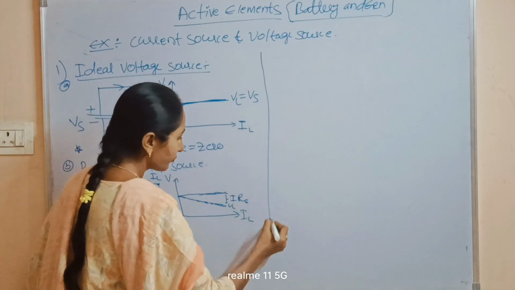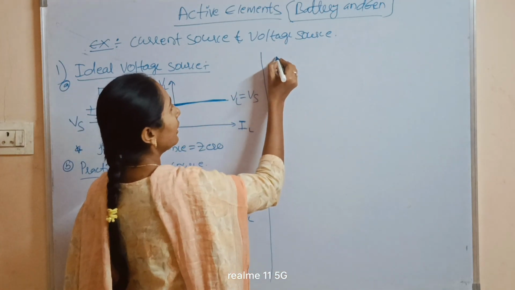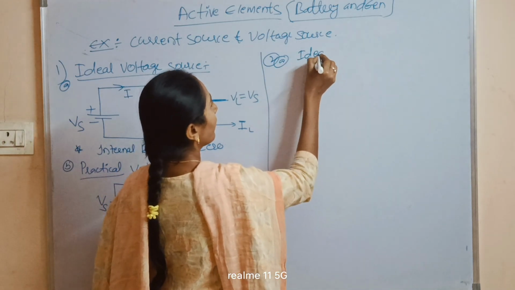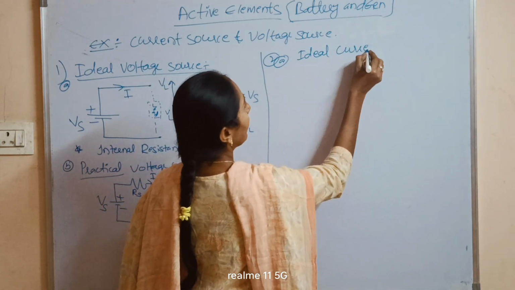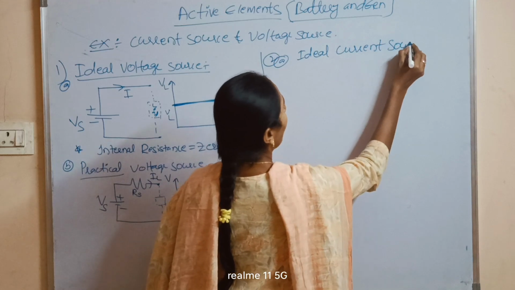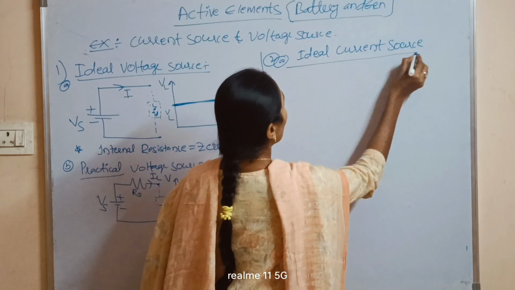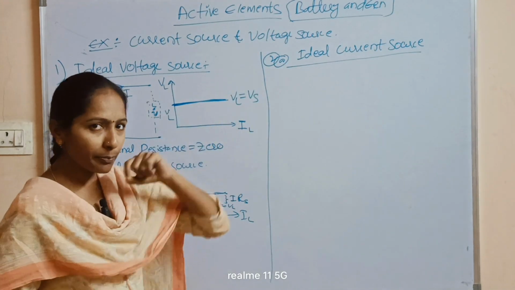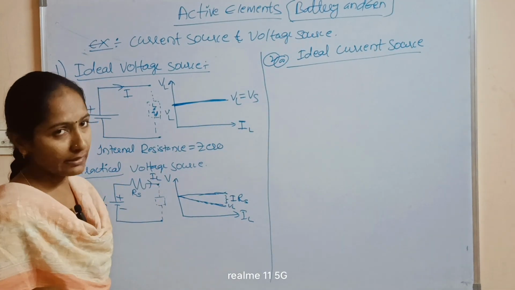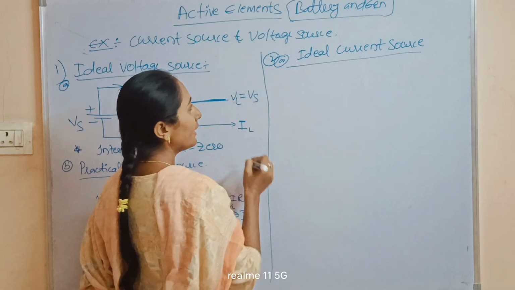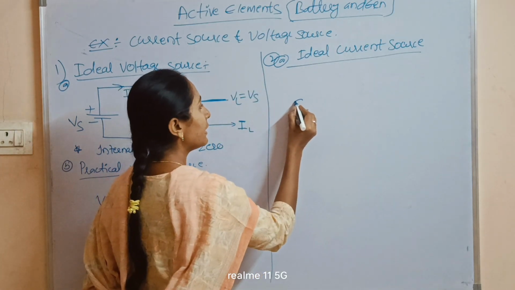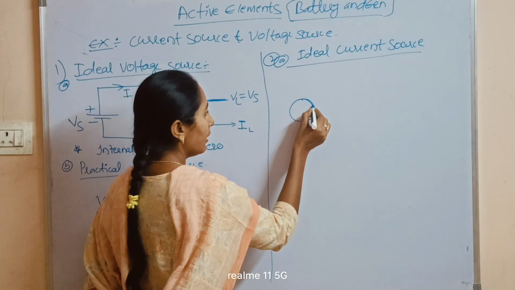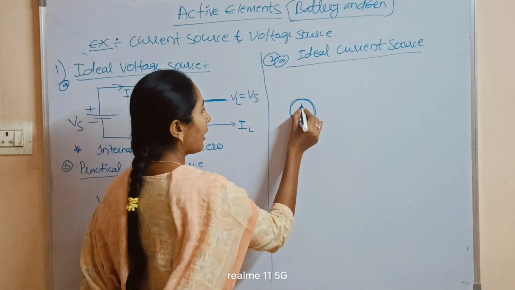Coming to the current source, again ideal first. The ideal current source is 100% efficient, so there are no losses. In the ideal current source we represent the current source with a circle symbol, and here I am considering an arrow mark.